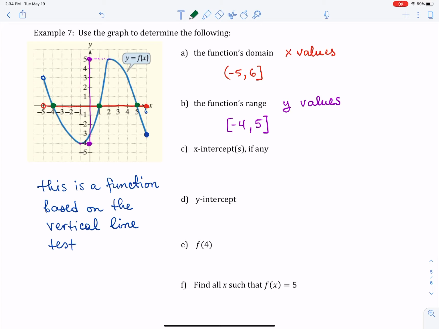So the x values for which the x-axis is crossed are -4, 1, and 5. Or if the question asks for those x-intercepts in point notation, you would say (-4, 0), (1, 0), and (5, 0).